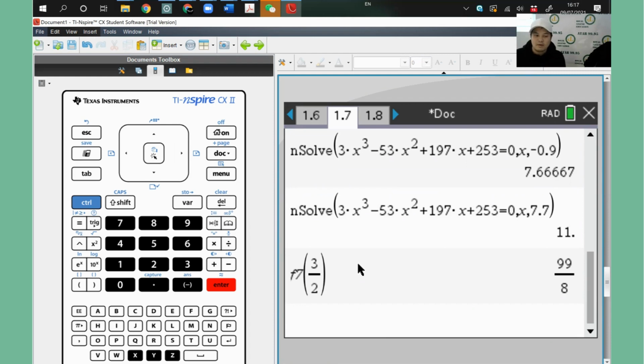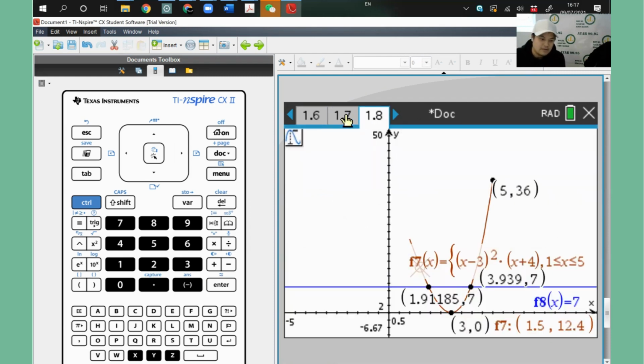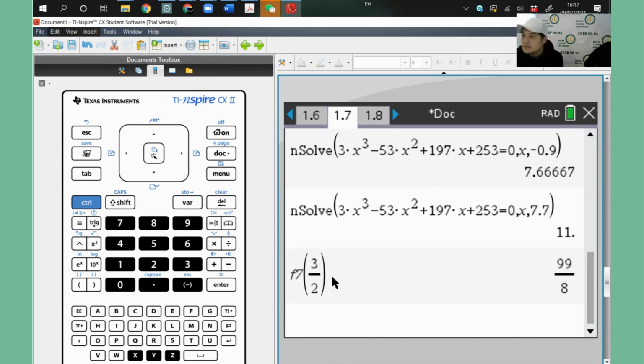Let's say I want to go back in the calculator page. I already typed it in the graph. What is this called? F7. Then I use F7. Make sense to you? Okay. Good. Make sure you understand this, yeah?